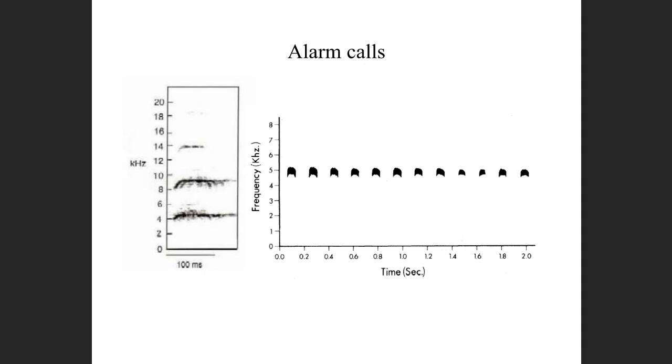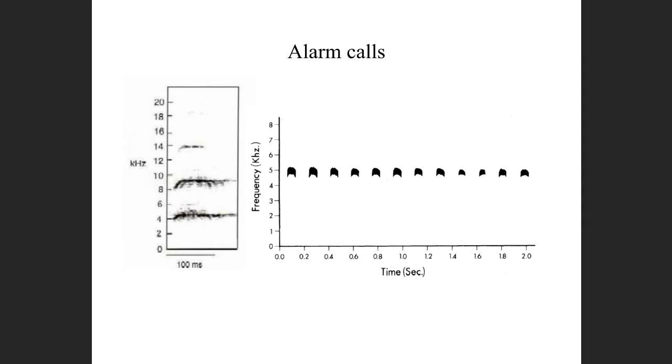They'll have one alarm call that they give for an aerial predator and a different alarm call for a snake, which ground squirrels are actually often fairly, the adults in some populations are resistant to rattlesnake venom, versus a fox or a coyote.